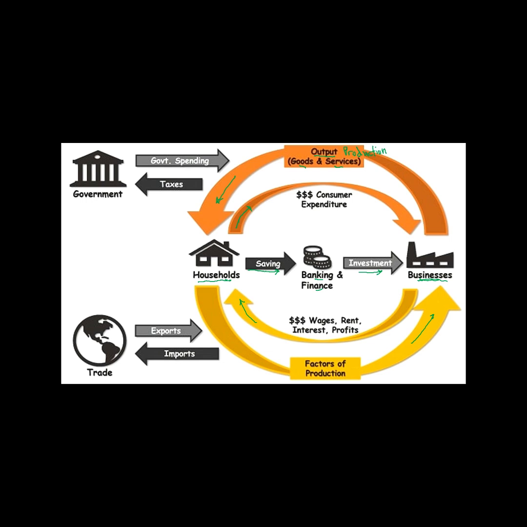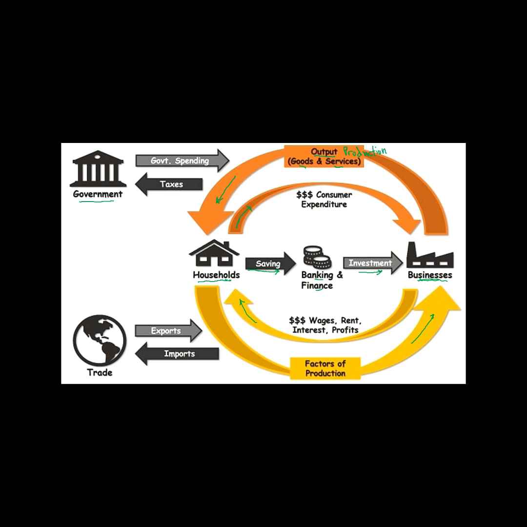Now, two other things that are in the circular flow model are government and trade. Government does government spending, which means they buy goods and services. For example, in the military, they might buy military aircraft, or they spend money on hiring employees for different government agencies.